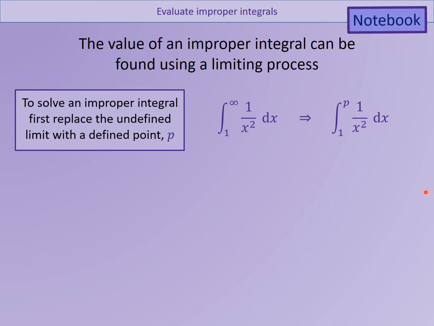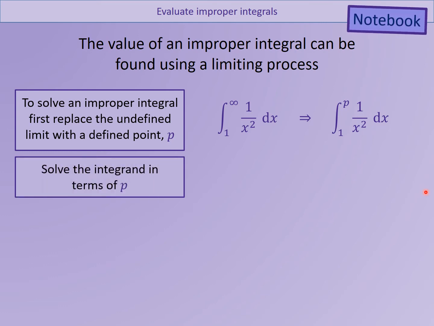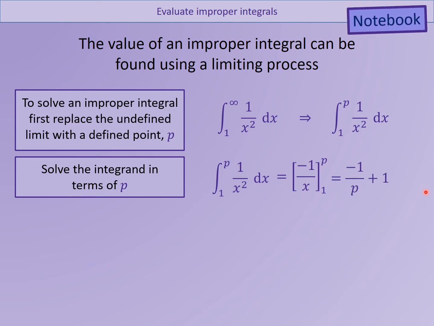Once we've done that, we can solve the integral as a normal integration, no issues at all, and we get minus 1 over x between 1 and P. Now we can work out the value, which is minus 1 over P plus 1. So that's the answer to the integral. If you used infinity in there rather than P, that's where you would lose all your marks. It's not as straightforward as solving it with infinity as if it's a number. You've got to make sure that you're showing this limiting process.